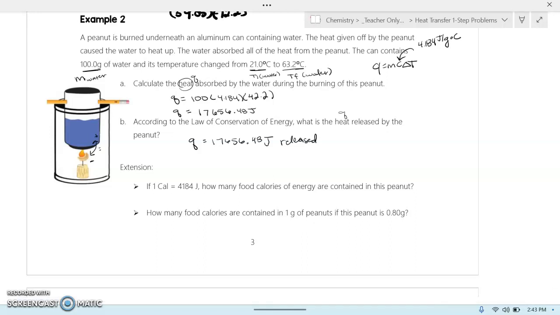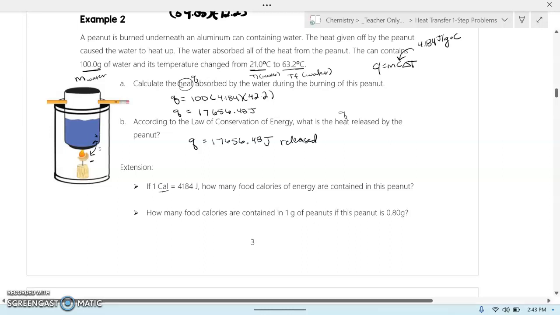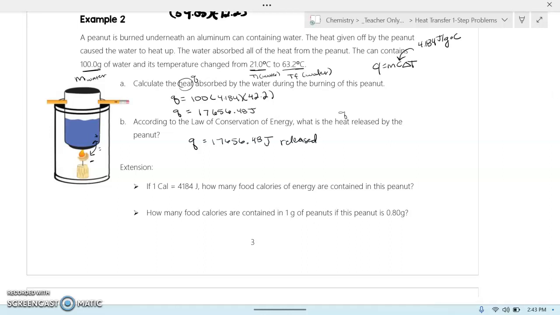Calories are just another unit of energy. Right now we have it in joules. So we're just going to do this little extension and convert this to calories. Remember that Calories with a capital C, or food calories, is 1,000 of little c calories, which is why our conversion factor here says 4,184 joules rather than 4.184 joules.